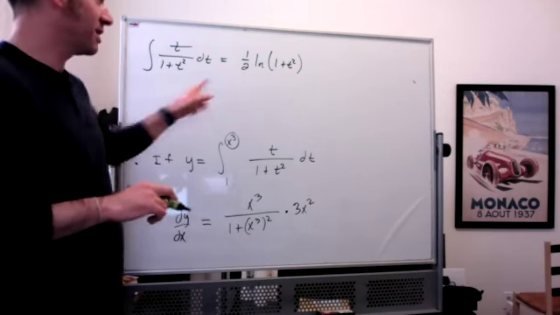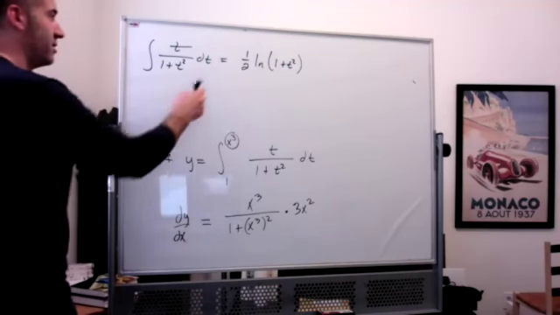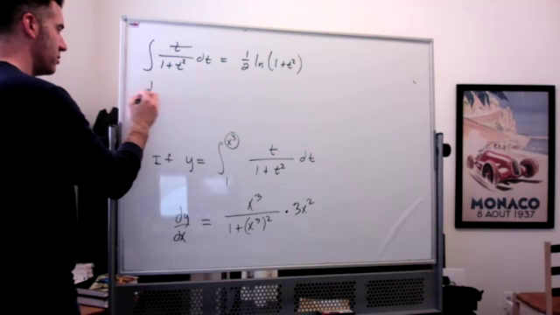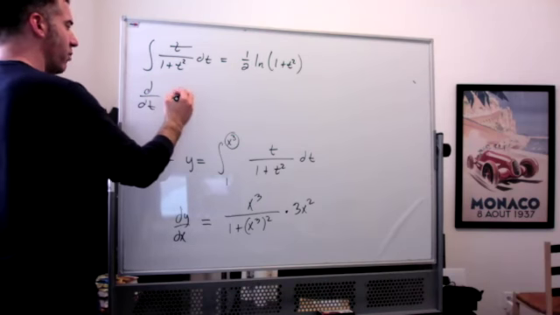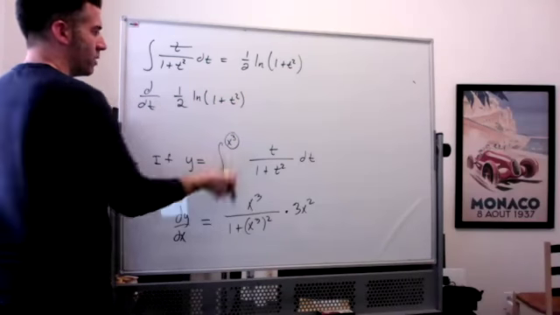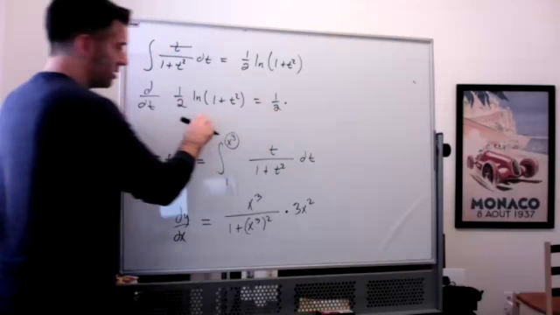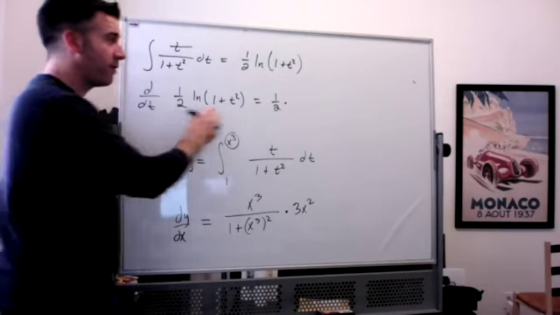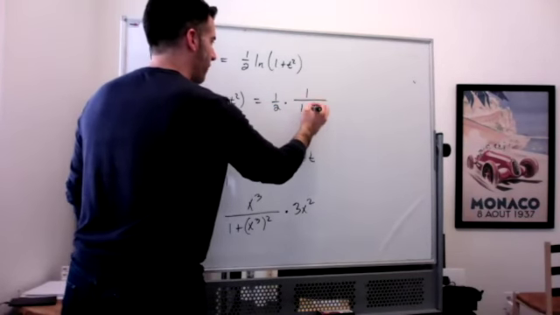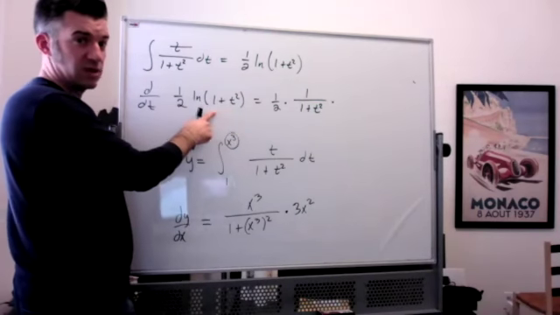How do you check if something is an antiderivative? You take its derivative. So the derivative of 1/2 of natural log of 1 plus t squared is 1/2 times the derivative of the natural log of some stuff, which is 1 over the stuff times the derivative of the stuff. And the derivative of the stuff is 2t.